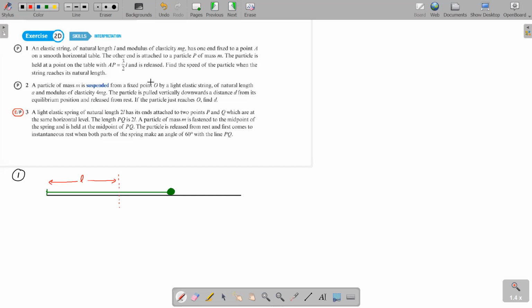They say AP, the fixed point is A. The other point is where the particle is. So AP is 3L/2 means the extension is 1L plus another half L, right? Do you agree with me? The extension is half L.